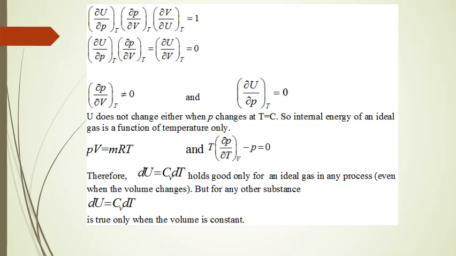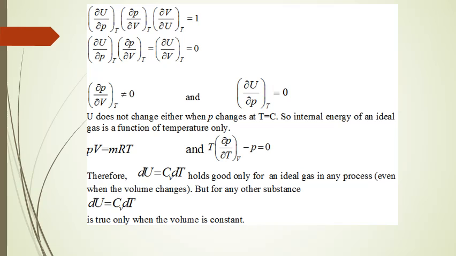So we can say that if the right hand side is 0 and we have a product of two quantities on the left hand side of the second expression, then one of the terms has to be 0, and as we have said that del P upon del V when temperature is constant is not equal to 0, it implies that the other term, that is del U upon del P when temperature is constant, has to be 0.